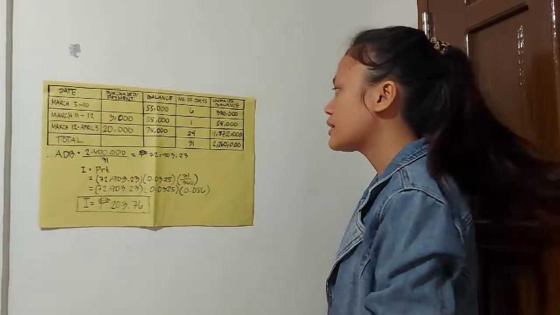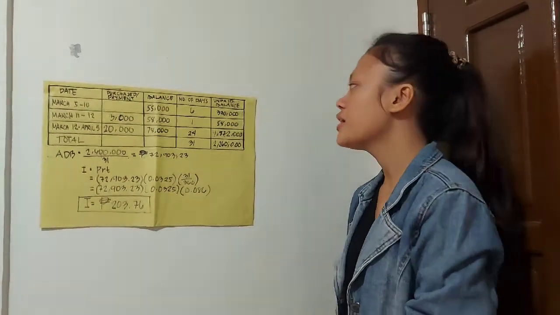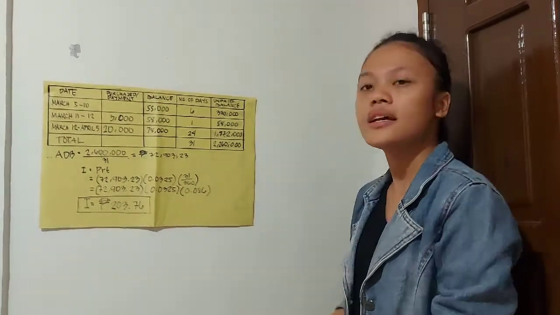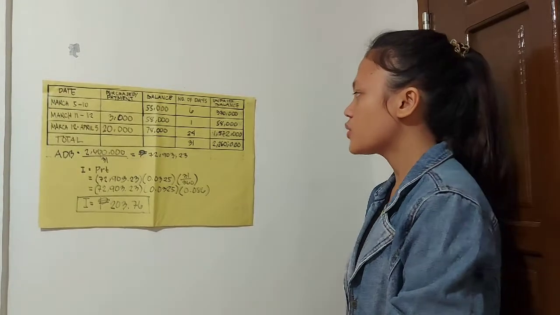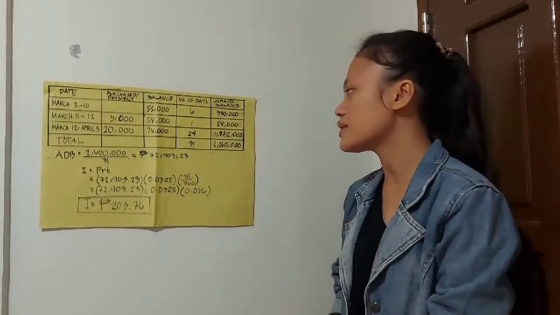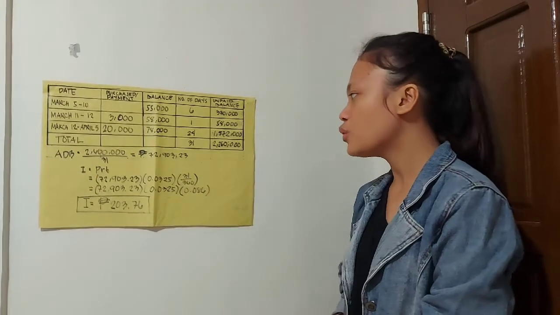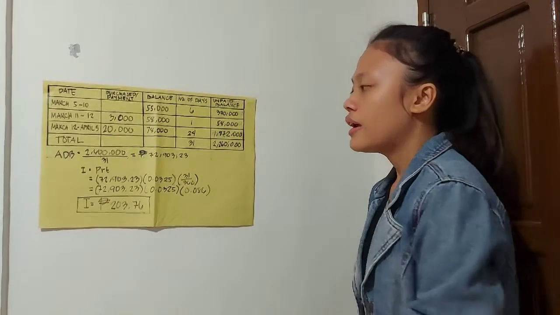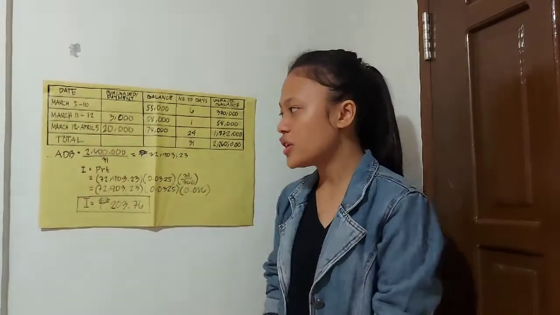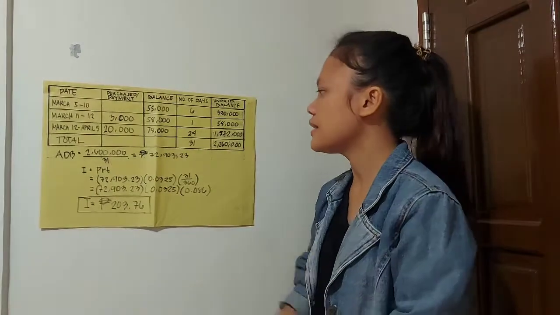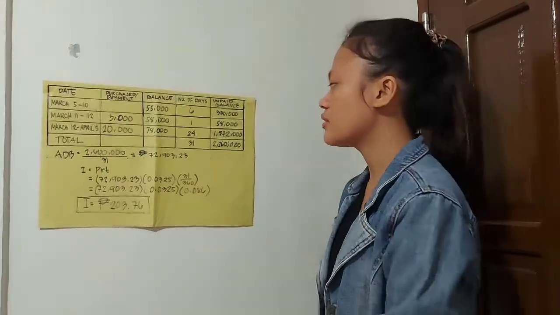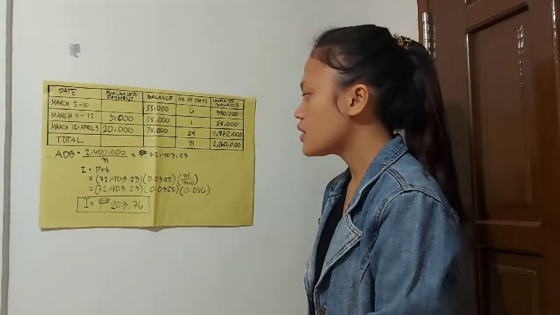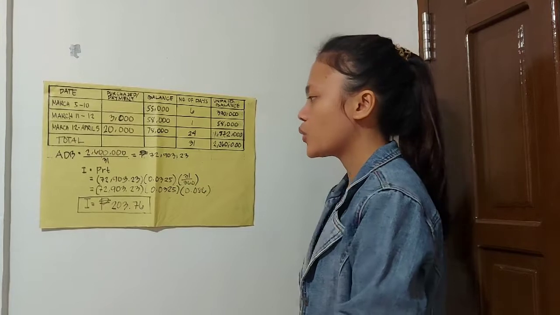So 55,000 times 6 is equal to 330,000. 58,000 times 1 is equal to 58,000. 78,000 times 24 is equal to 1,872,000, with a total amount of 2,260,000. So right now we are going to get our average daily balance, which is the unpaid balance, 2,260,000, over the number of days, which is 31, is equal to 72,903.23.